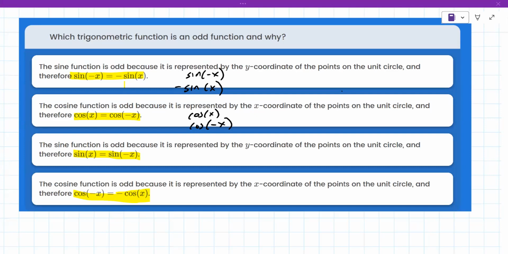I'm going to go graph these real quick. Okay, the first one didn't give me anything.